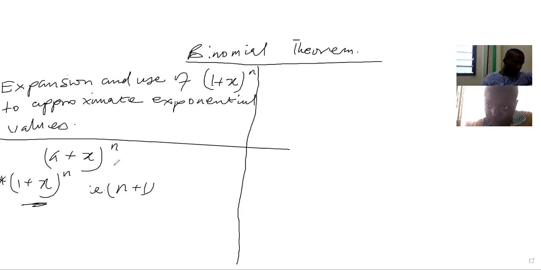The next point: if n is not a positive integer, then the expansion does not terminate, and so has an infinite number of terms.